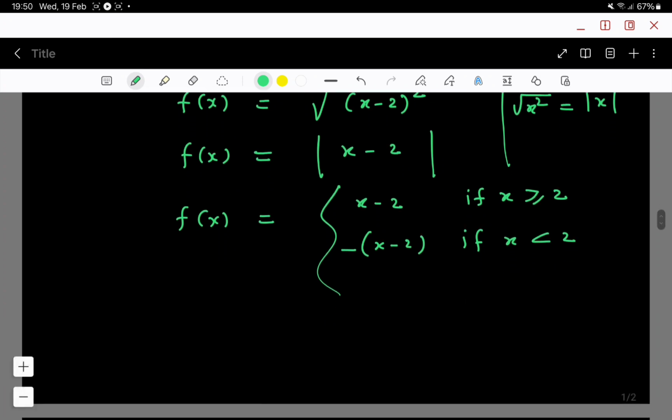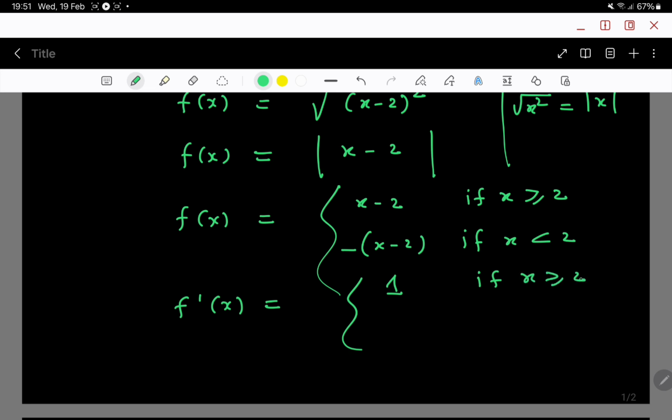Now differentiate this f of x directly. Differentiation of x minus 2 is 1 minus 0, that is 1, if x is greater than 2.